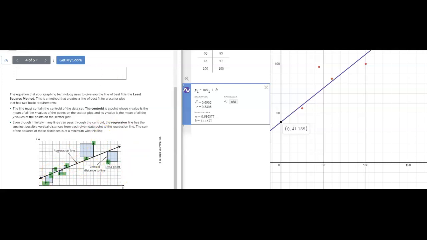If you were doing this by hand, you would draw a vertical line from the point to the line of best fit that you thought was right. So you would draw these vertical lines, and then you would also make a square.